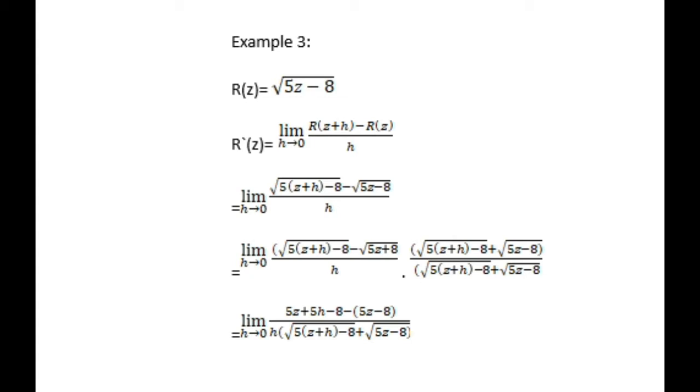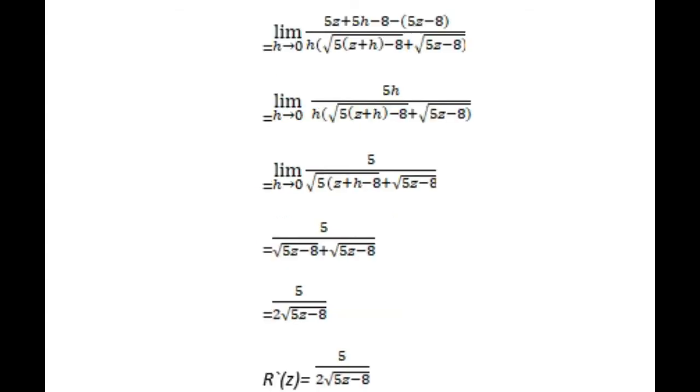Multiplying both the numerator and the denominator, it becomes the limit of 5z plus 5h minus 8 minus 5z minus 8 all over the multiplied quantity of the denominator, which is h times square root of 5 times z plus h minus 8 plus square root of 5z minus 8.